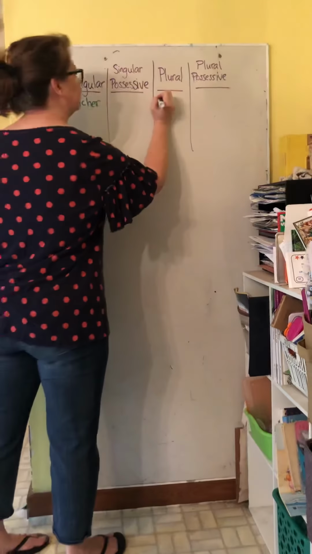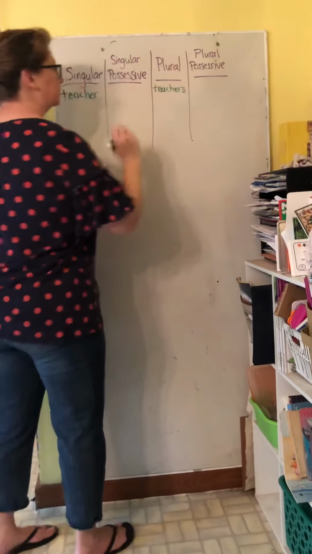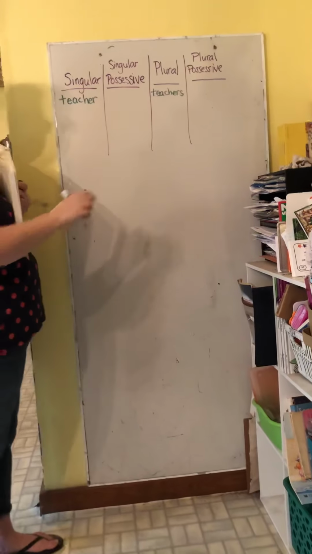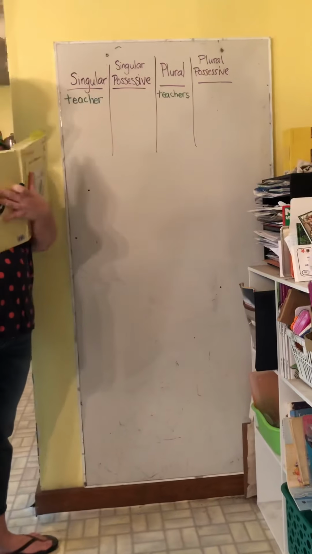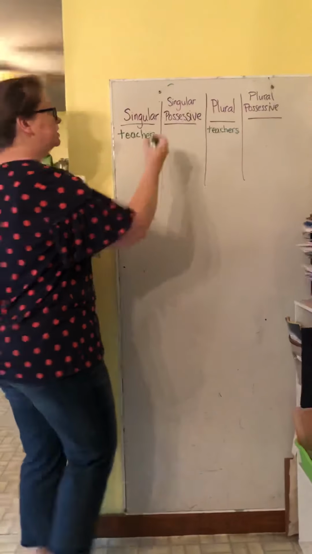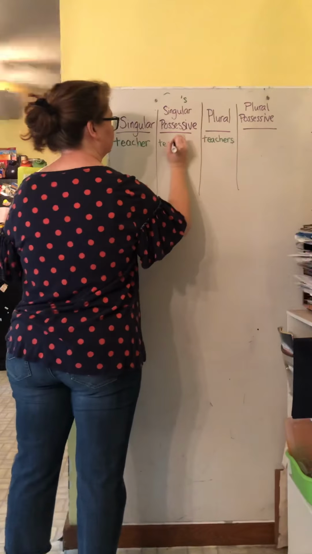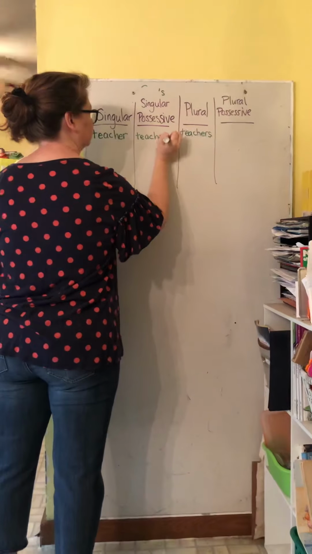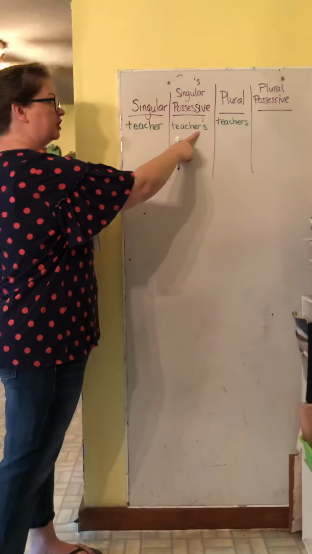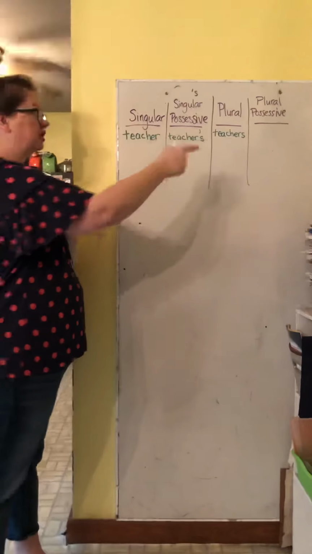I'm just going to add an S. Okay, we've already learned that. That's super easy. Now, if I have one teacher, and I'm talking about the teacher's book, then I'm going to add an apostrophe S.